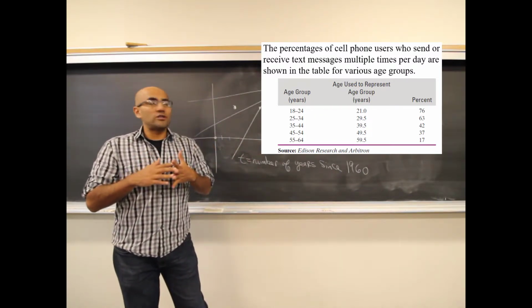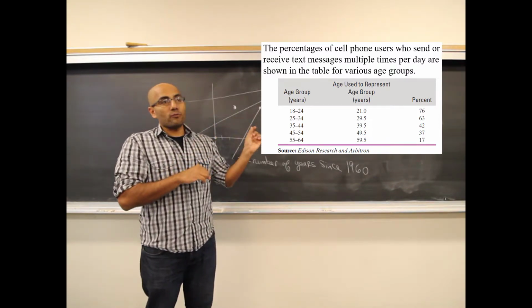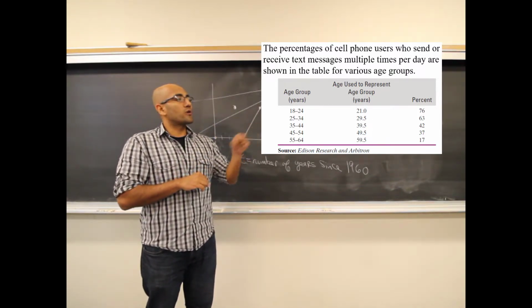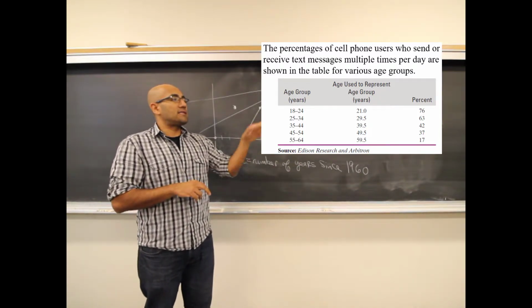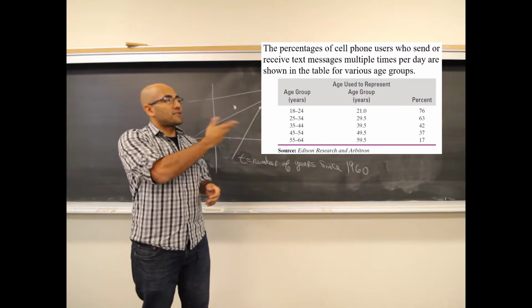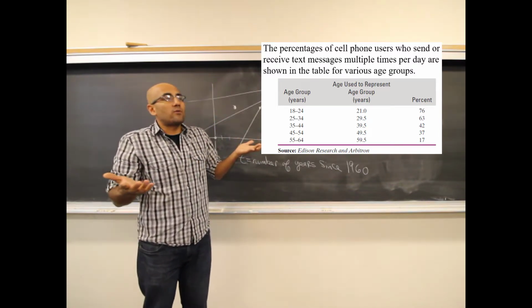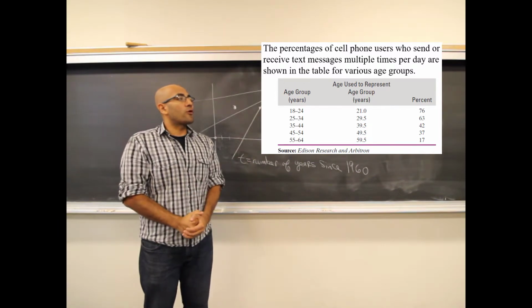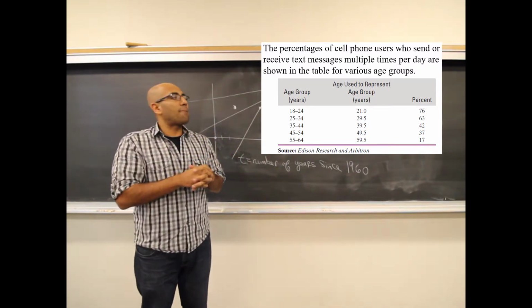So instead what we do is come up with a representative age for that group. 18 to 24-year-olds, we're going to represent them with 21-year-olds. We get that by adding the 18 and 24 together, dividing by 2. It's the middle of that age group, so about 21. 25 to 34-year-olds, we add the 25 and 34, divide by 2, and we get 29.5.